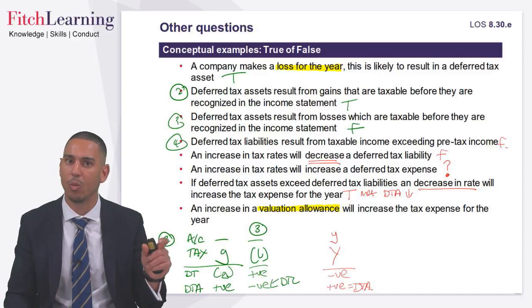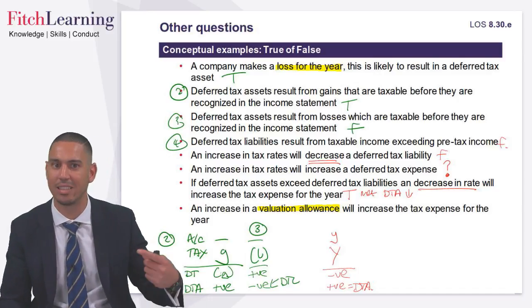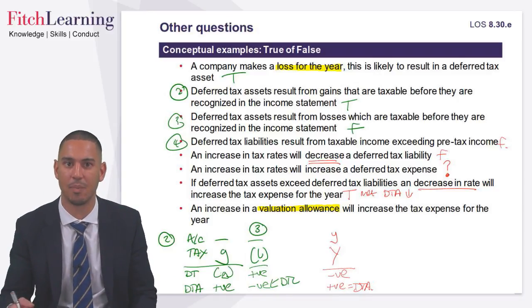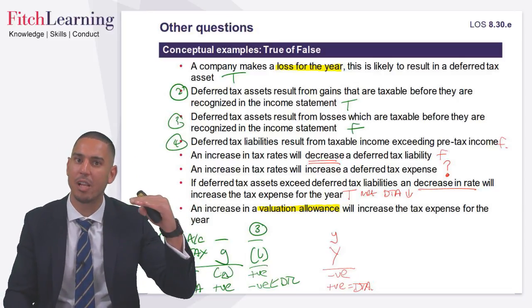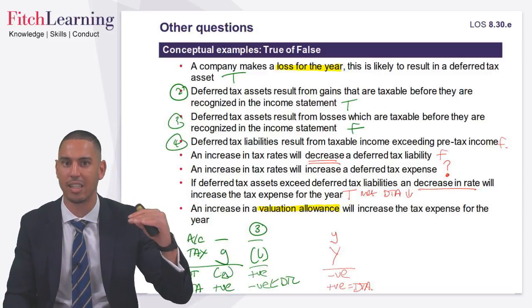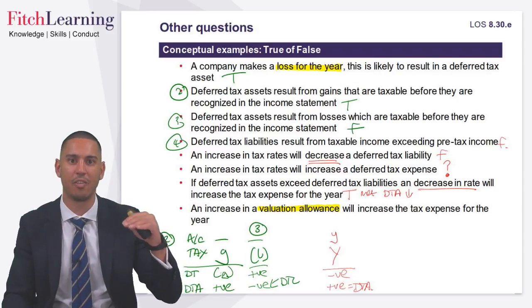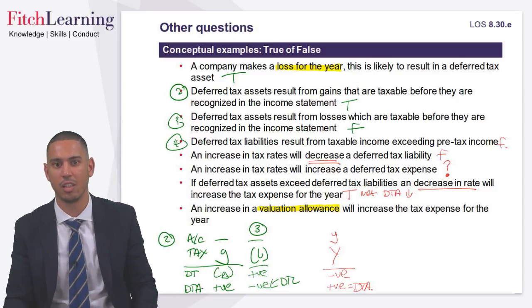US GAAP, which don't like you writing things down because you can't then reverse the impairment easily, say what you'll do is book a contra account against the asset called a valuation allowance. And this will bring down the value of your deferred tax asset to recognise that you will not get to use all of the old higher one in the future.